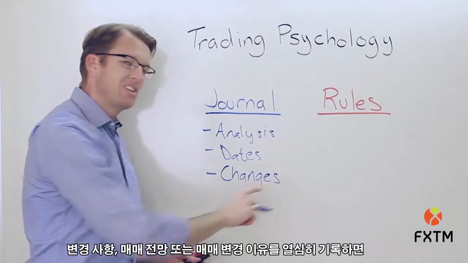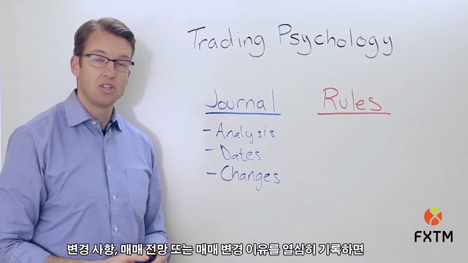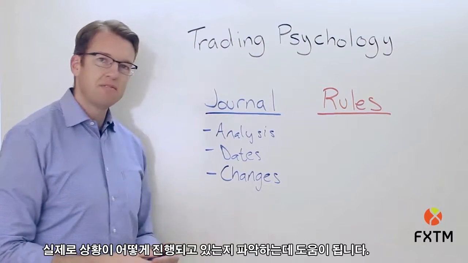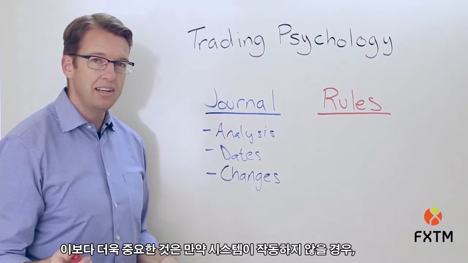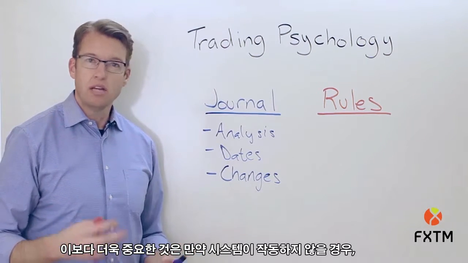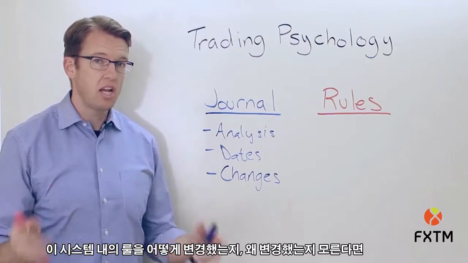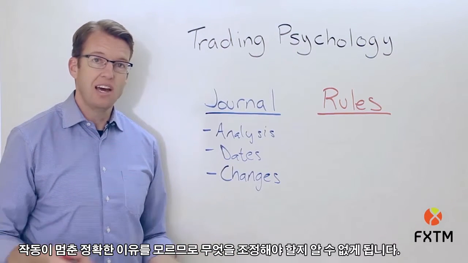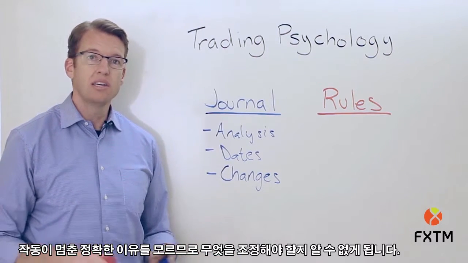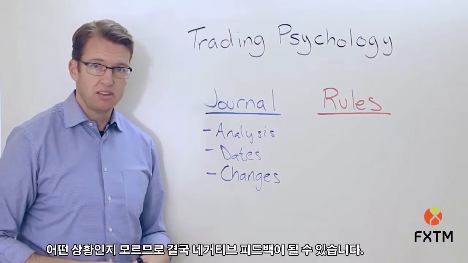Well, recording the changes, the reasons why we would change our trade outlook or change the trade itself, will help us to identify what's really going on here. And even more important than that, if a system that we're using stops working, well, if we don't know why or how we have potentially changed the rules within that system, then we don't know what exactly has stopped working. So we have no idea what to adjust.